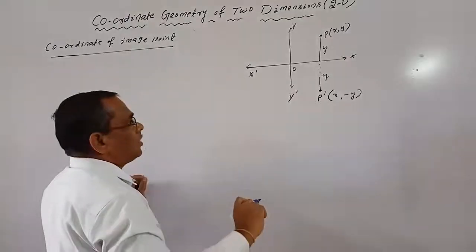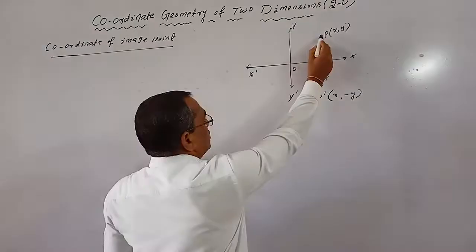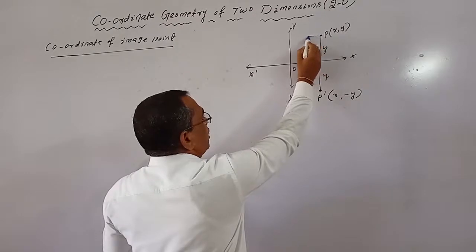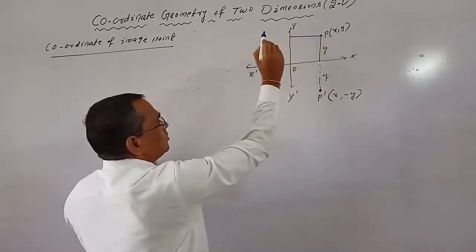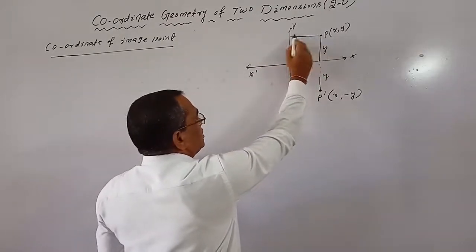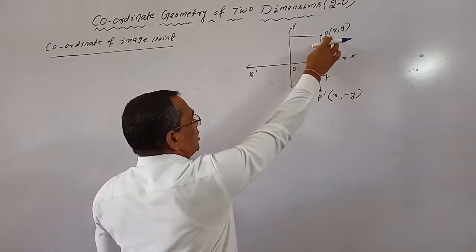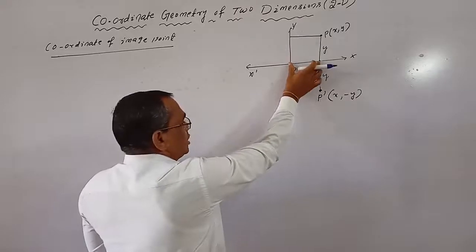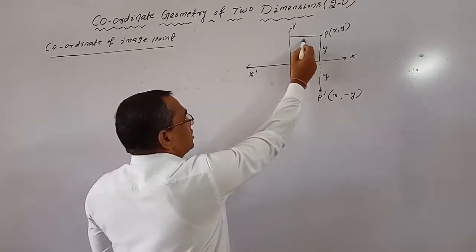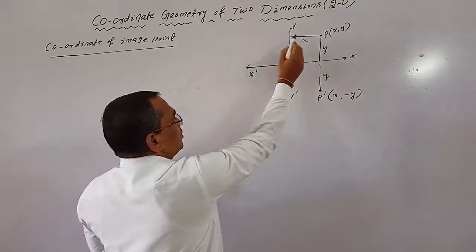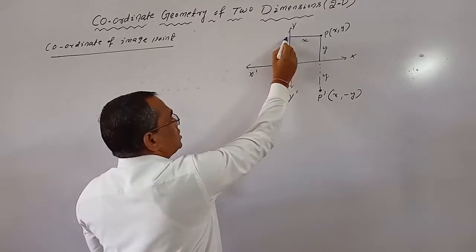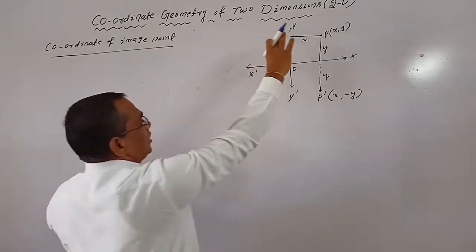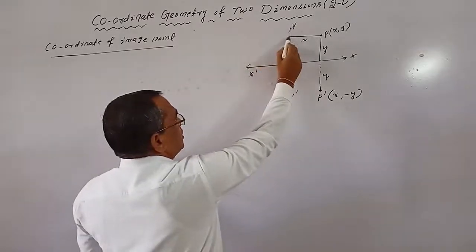Like that, if we find the image point of P of x comma y with respect to the y-axis, first we draw the perpendicular on the y-axis. Its distance is x, because this point P of x comma y means this distance is x, and the image point must lie on the other side of the y-axis at the same distance.